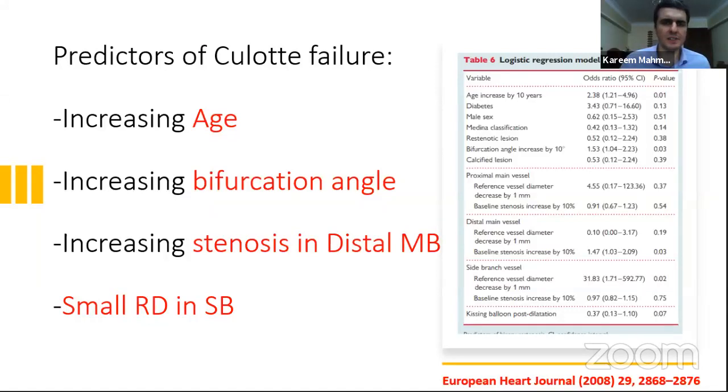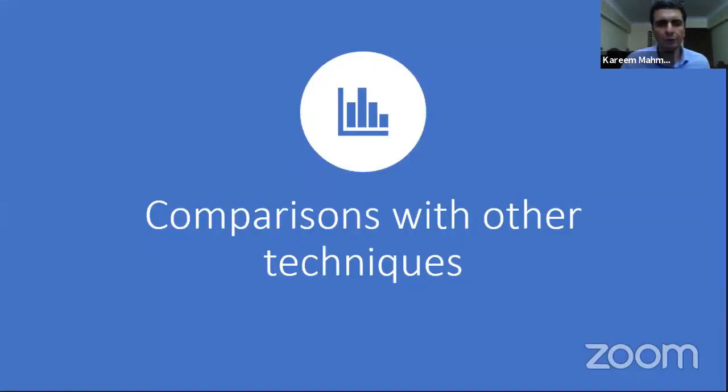Regarding the main vessel, increasing the stenosis in the distal main branch will also lead to Culotte failure in the future. And the last point, regarding the side branch, a small reference diameter of the side branch, and of course this is because of the mismatch that will happen between the side branch and the main branch, will also lead to Culotte failure. So these are the four most significant predictors of Culotte failure.